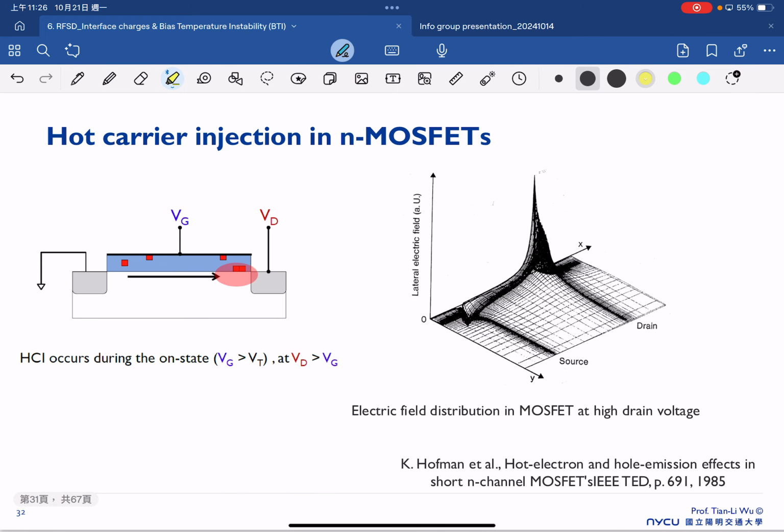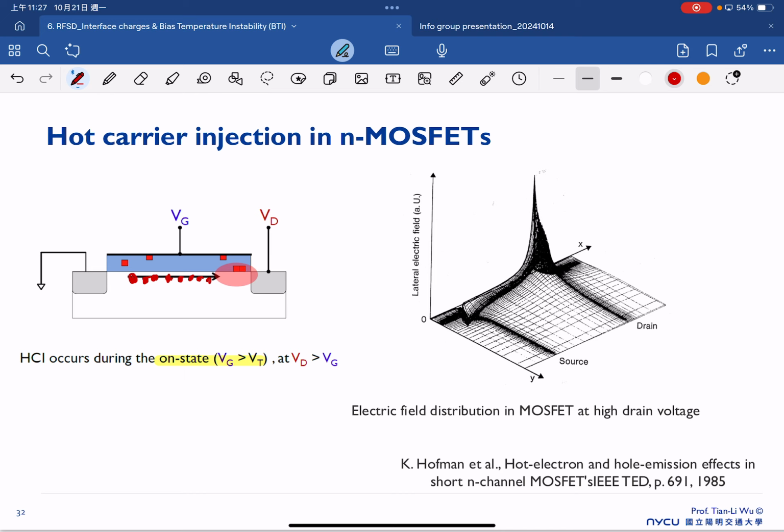So this is one of the results that comes from hot carrier injection. When we talk about hot carrier injection, it is a condition where the device is turned on. So we have VG larger than the threshold voltage, and then our channel is on. So that's why we call this the on state. During this on state, we have huge numbers of electrons inside the channel.